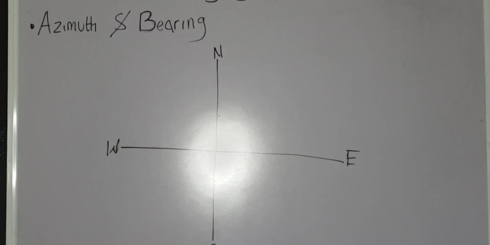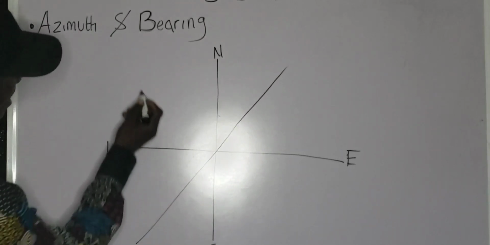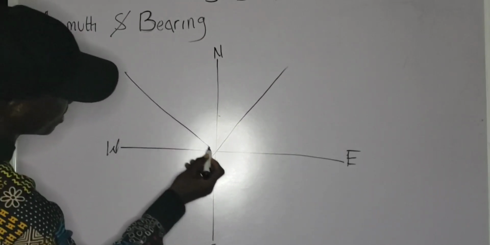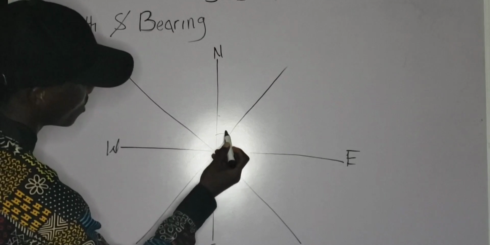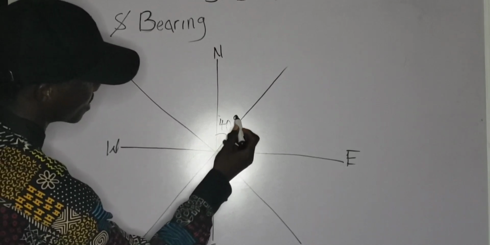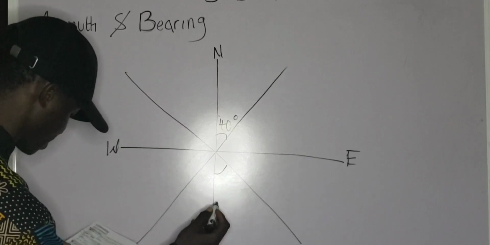Okay, now let's say we have those 4 cardinal points, and we have a straight line. We have another bisector here, and another bisector here. Please, I want you to follow this carefully, okay? Let's say this angle here is 40 degrees, and the angle around this place is 65 degrees.